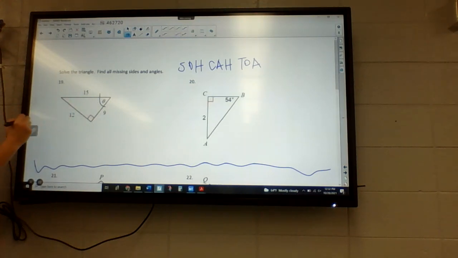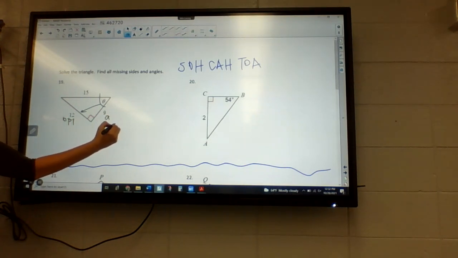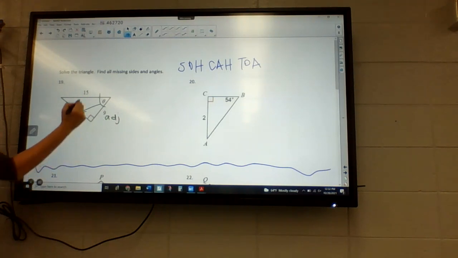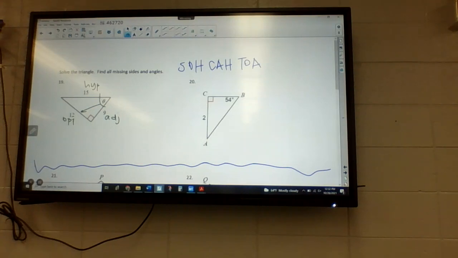But if this is our theta here, this is our opposite side. This is our adjacent. And this is our hypotenuse. Now, if I want to find that, I can use any of the trig functions because they give me all three sides. So, I don't know, what's your favorite?